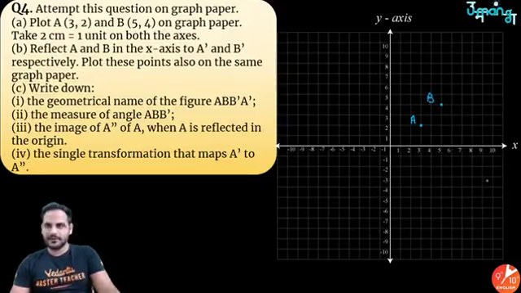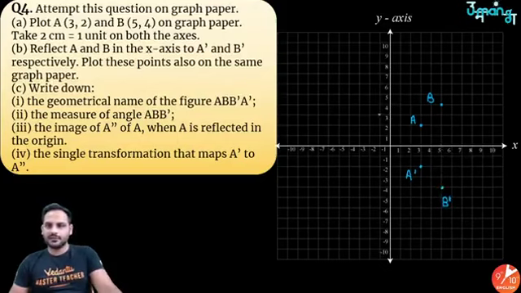ठीक है, then they are saying reflect A and B in x axis to A dash B dash. So under x axis if I'll do beta, so A will come somewhere over here, A dash यहाँ पे आ जाएगा, and B distance at 4, so here it will come at minus 4. So this will become B dash.